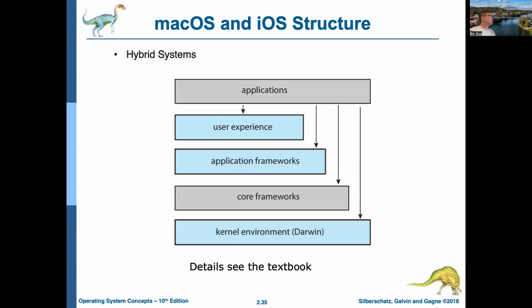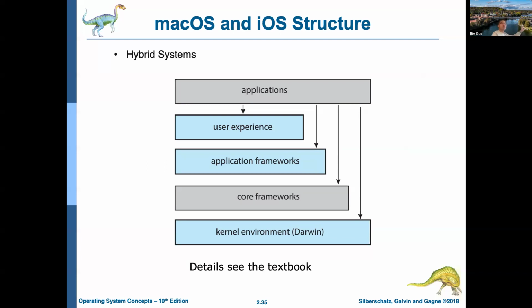macOS and iOS have this structure. It's a hybrid system. There are applications, and then the kernel environment. Applications use the user experience, application framework, and the core frameworks, and have different layers.